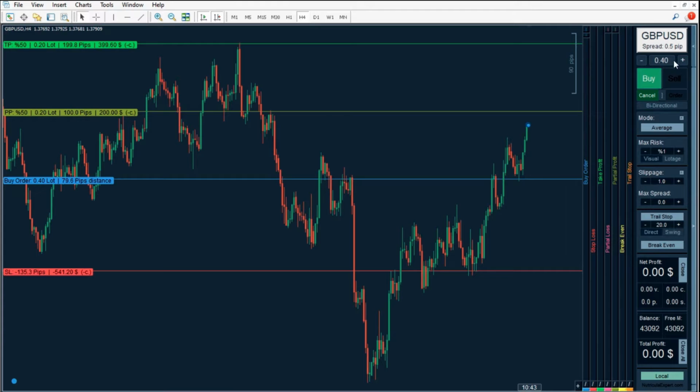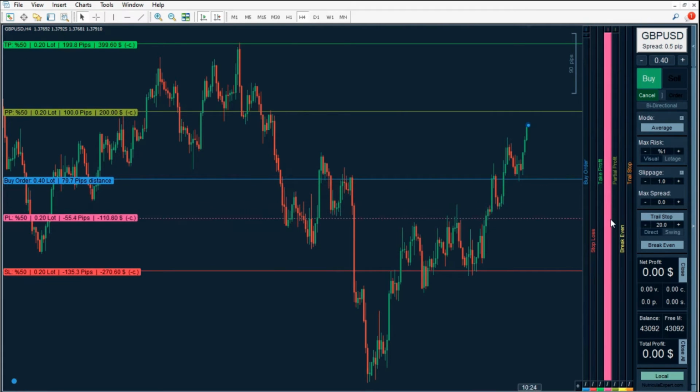Now, because our order volume is set at 0.4 lots, as it is written on the partial profit line, when the price hits this line, 0.2 lots will be closed from this position, and $200 profit will be added to our account. And from here on, our position volume will be reduced to 0.2 lots, and this 0.2 lots is left to be closed by reaching the take profit line.